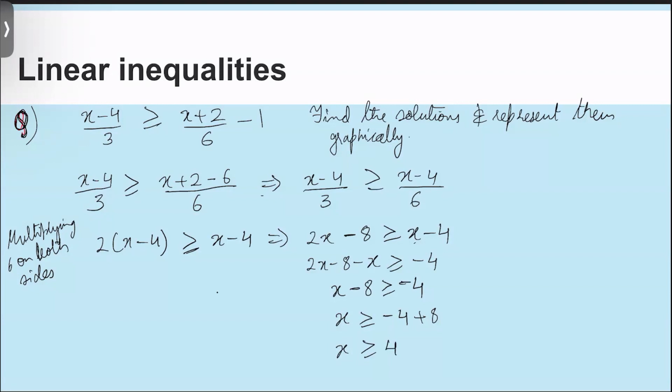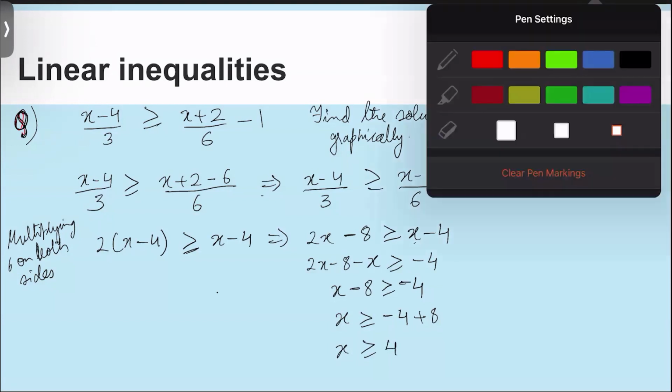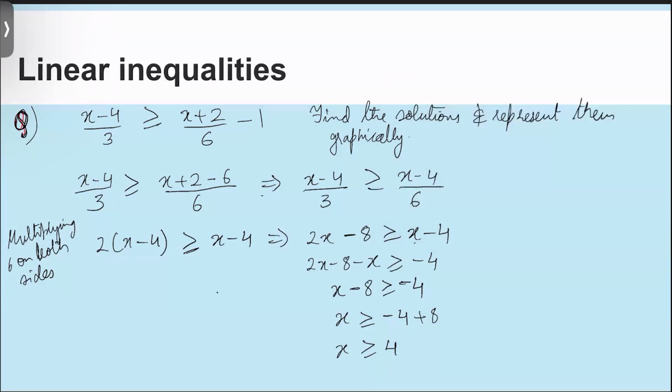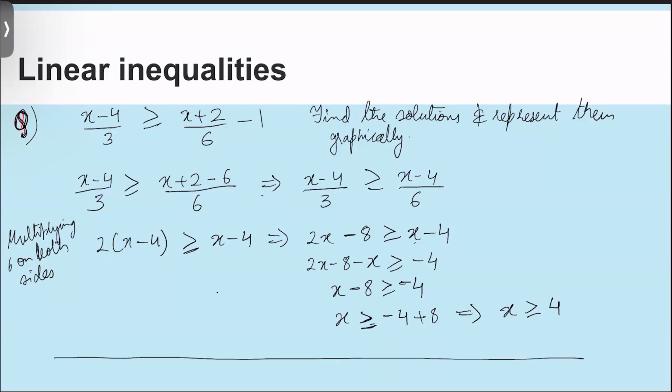So this is your solution. I'll write it on the side so I can draw the number line. So x is greater than or equal to 4. Then you get a number line.